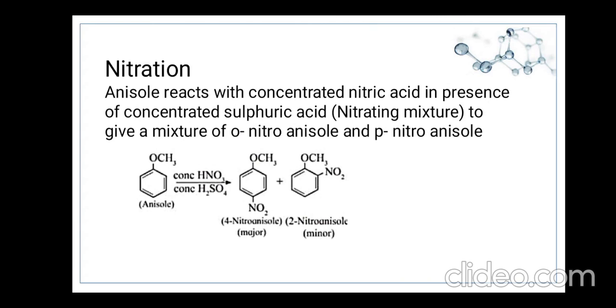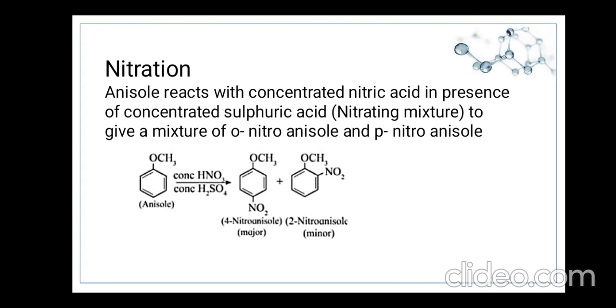Now our next reaction is nitration. Anisole reacts with concentrated nitric acid in presence of concentrated sulfuric acid, which is also called nitrating mixture, to give a mixture of ortho nitroanisole and para nitroanisole.